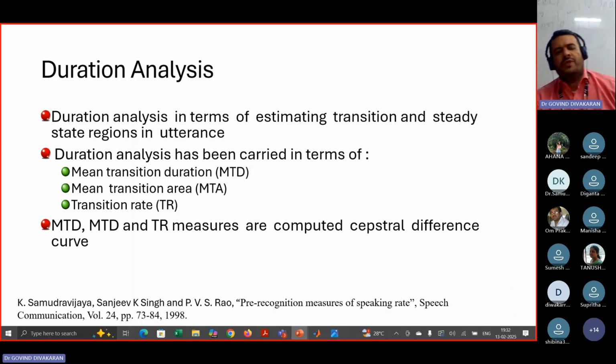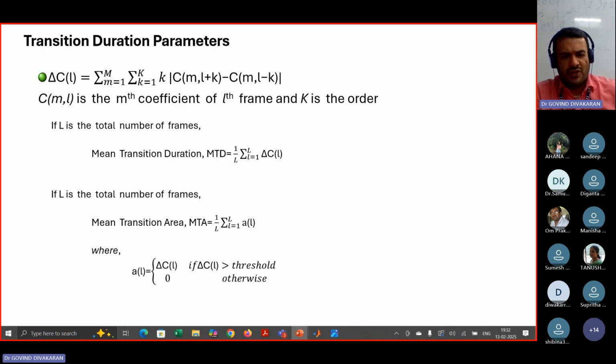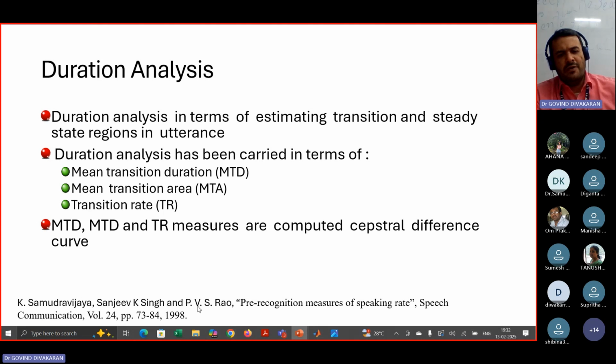We have also done a duration analysis, in terms of mean transition duration and mean transition area. This is how we computed it. It is an implementation of the work done by Professor Samudra Vijaya two decades ago.